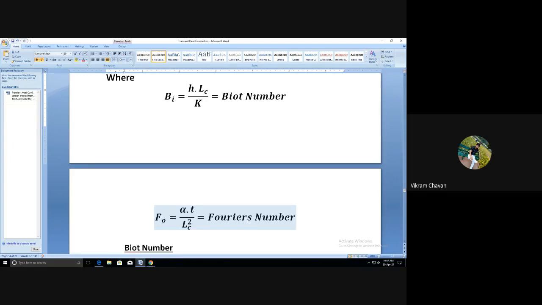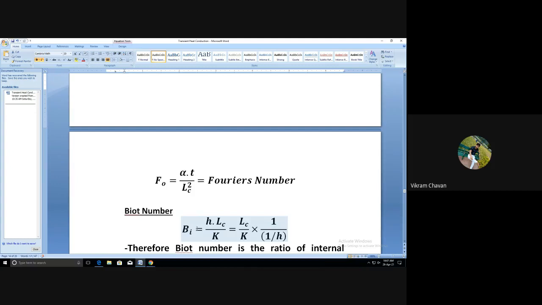So what this particular Fourier number and Biot number signify, that we will try to understand in the next point. So write down, give the heading as Biot number, Bi, which is equal to h multiplied by Lc divided by k.